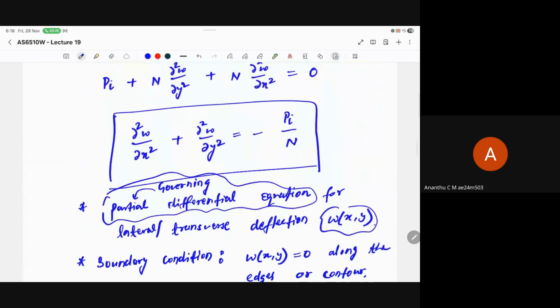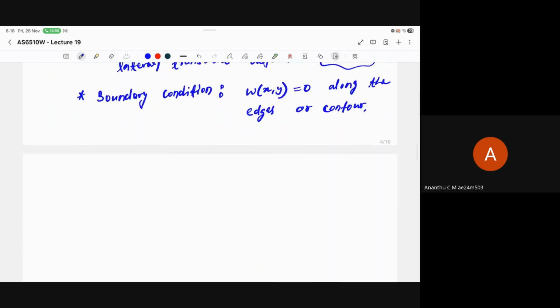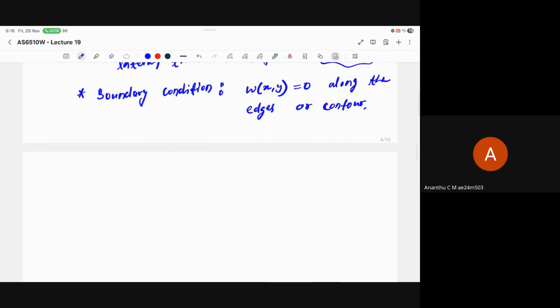Similarly, we need the governing equation for the shaft under torque loading. That part also we will do, and when we get the governing equation for the shaft, we'll compare both of them and see that both of them are similar, and because they are similar, we can make use of the analogy method.